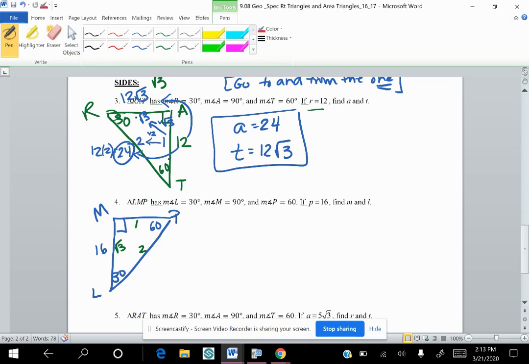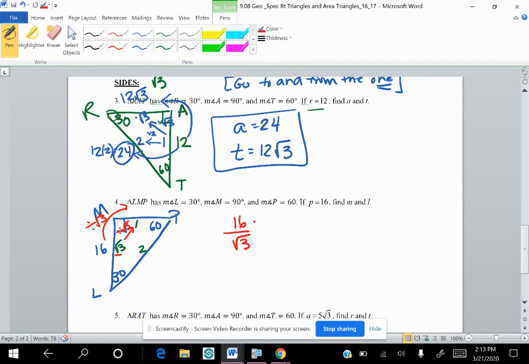We always want to go to and from the 1. So we do not have the 1 this time. We're given the side that is with the rad 3. So I want to go from a rad 3 to a 1. How do I do that? Well, I'm getting smaller, so I'm going to divide by rad 3. Whatever I do to the inside, I'm going to do to the outside. So I'm going to write it over here. 16 divided by rad 3.